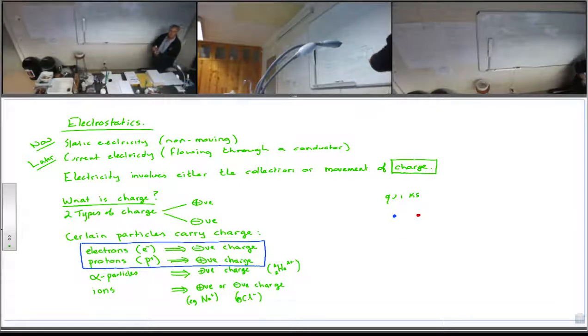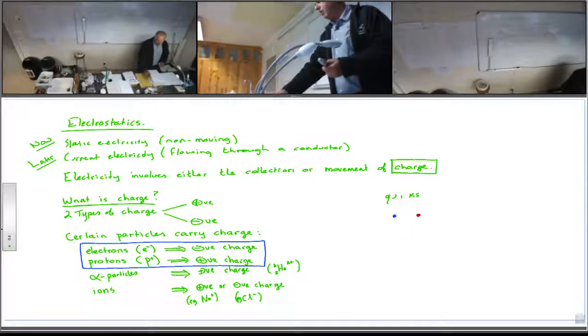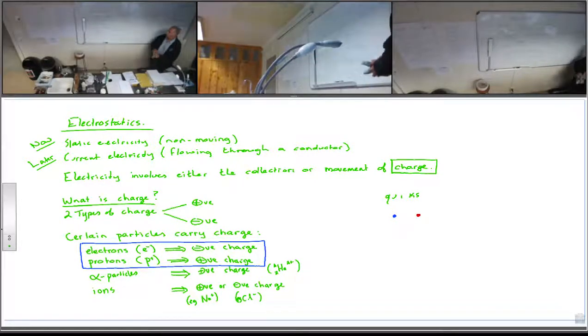Instead, they decided to call them green, blue, and red quarks. Now, the interesting thing is if you took a green and blue and put them together, what did you get? You got negative charge. You got an electron.